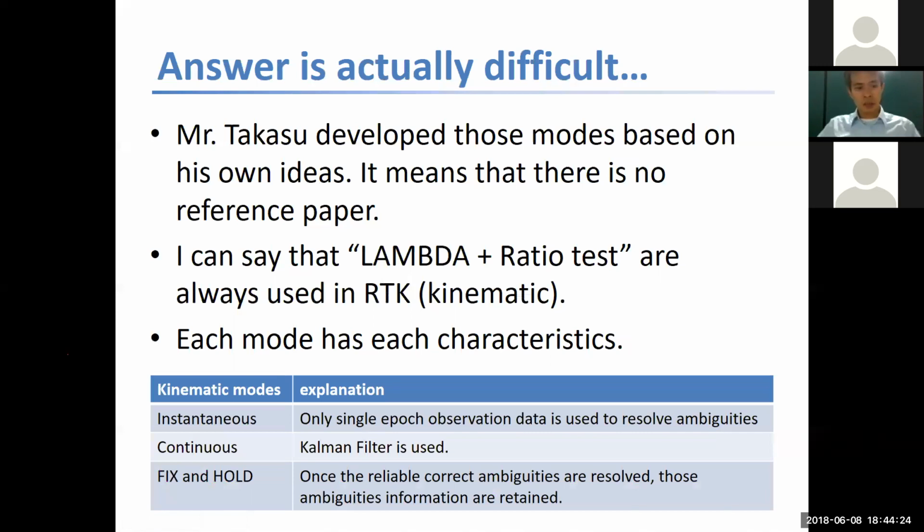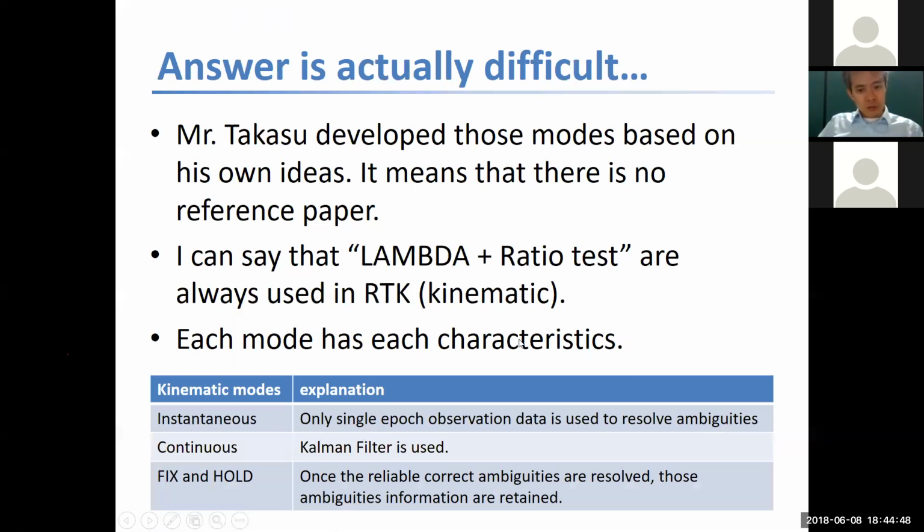But from a technical point of view, LAMBDA plus ratio tests are always used in RTKLIB in kinematic mode. So there are limitations in terms of the LAMBDA plus ratio test. Maybe other tests might be better.